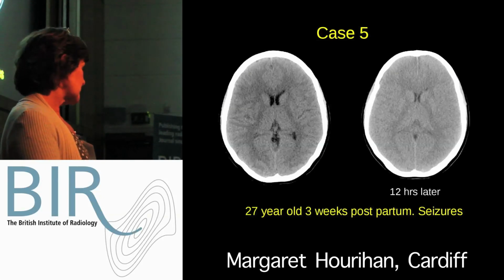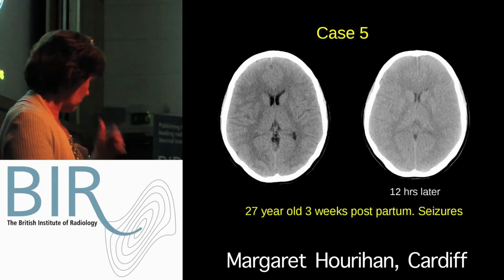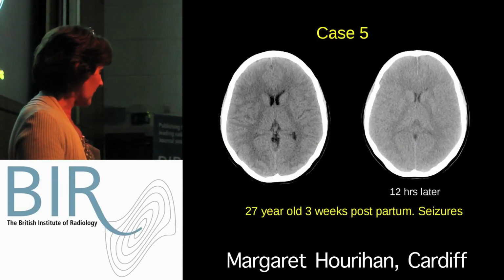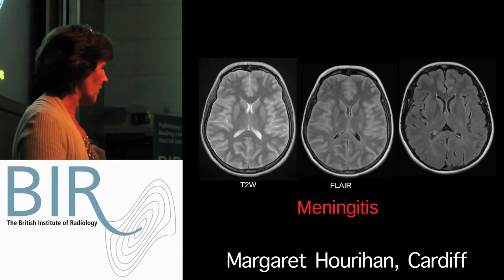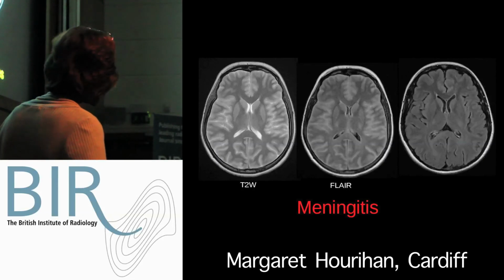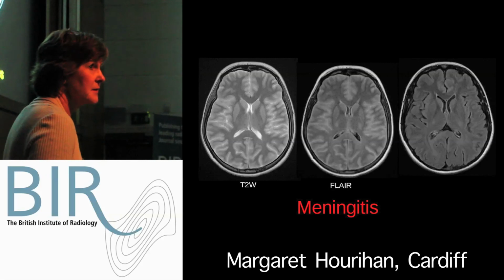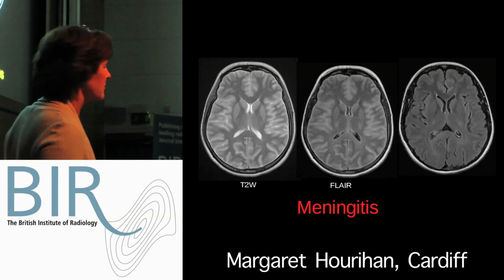And this is the worst case, and you really take something home from this case if you can. She was 27. She was 3 weeks postpartum, and she came in for that scan, and she went off. So we repeated the scan at 12 hours, and that's the scan there. You can see she's got diffuse swelling.